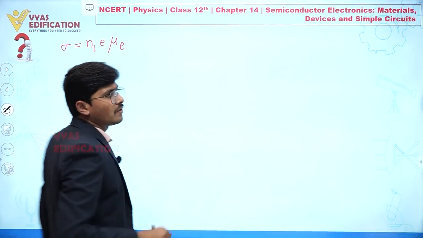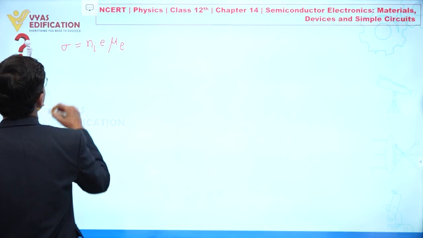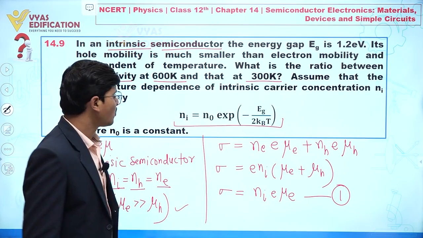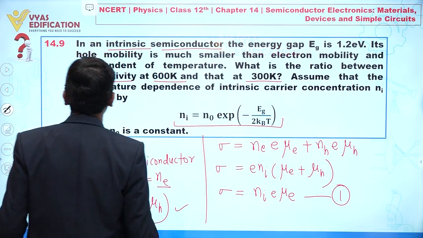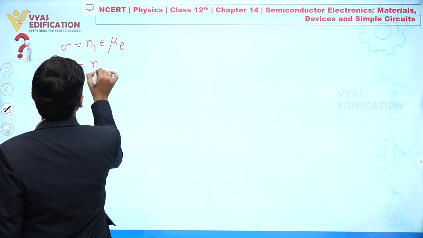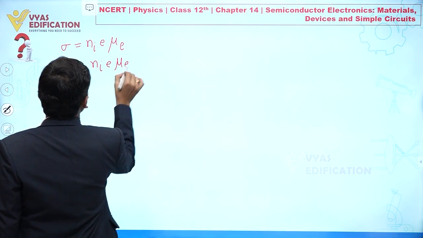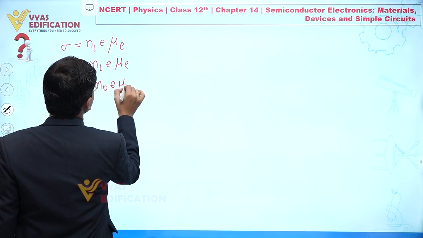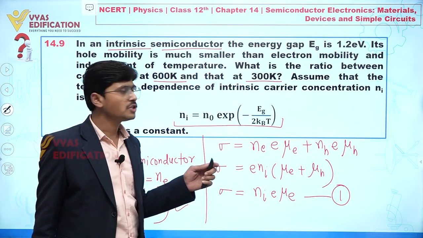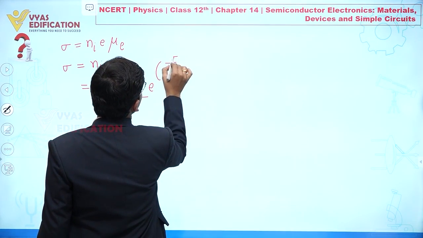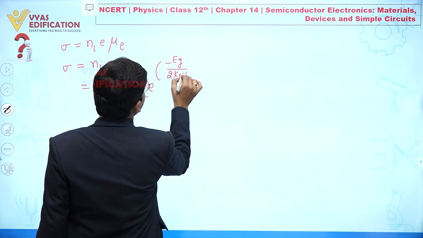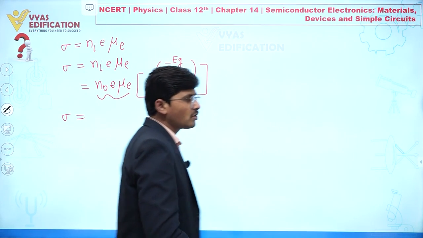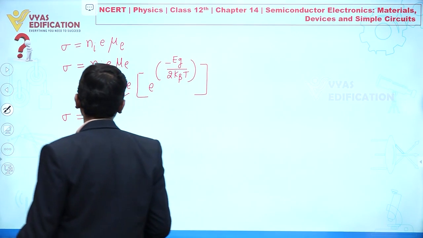Now how can we write this expression? Ni is given in this question as N naught exponential of minus Eg by 2 kB T. So sigma equals N naught e mu E multiplied by exponential of minus Eg divided by 2 times kB T. Let's suppose I assume N naught e mu E is equal to sigma naught, a constant.